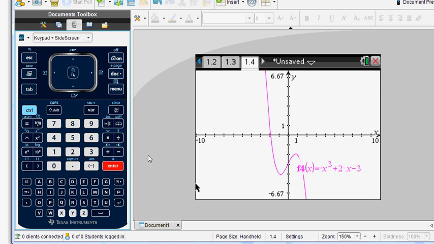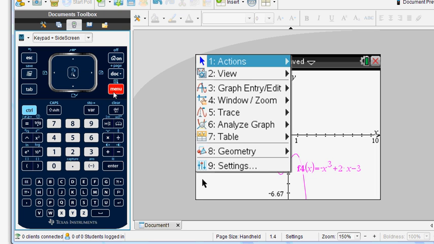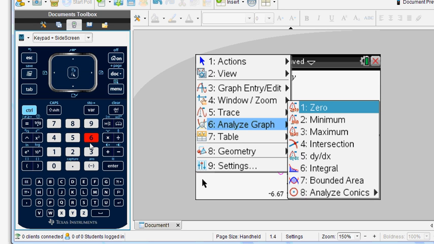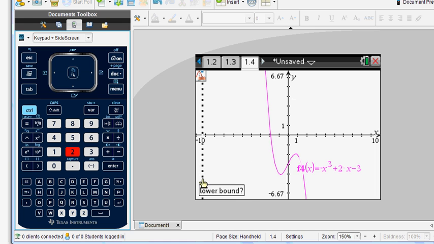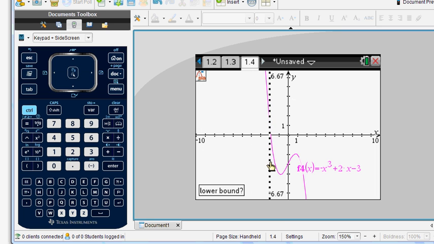Here we see, at the left of the y-axis, a local minimum, and at the right of the y-axis, a local maximum, and we're going to find out what they are and answer what we're being asked here. So we go to Menu, Analyze Graph, and find that minimum first. It says lower bound, and we go right here.